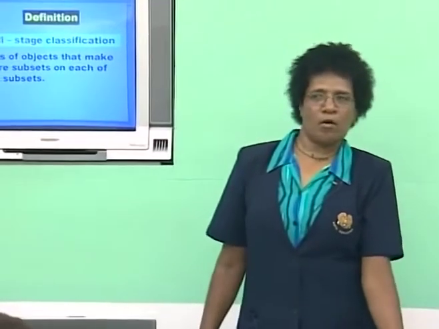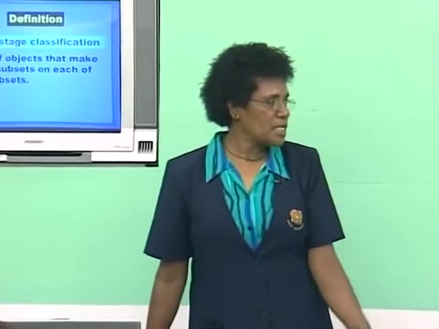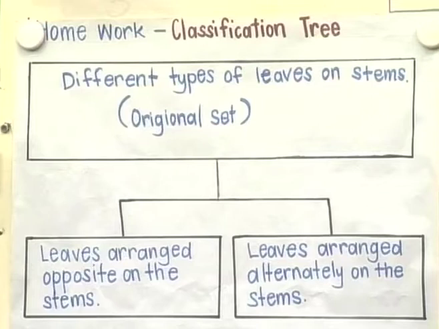Now, in the previous lesson, the classification tree or the sorting that we did, this one here, that's the tree, it's binary classification, sorting objects into two subsets or two common or main sets.